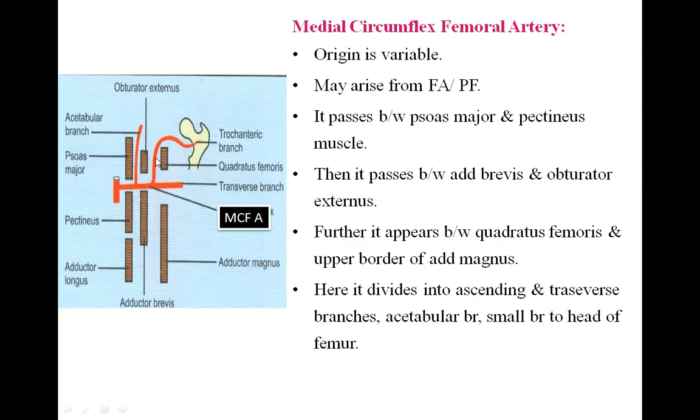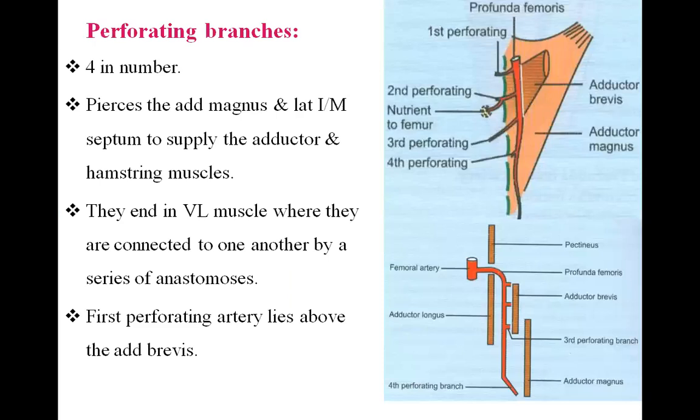So here is the ascending branch and here is the transverse branch. Then acetabular branches and the small branches to the head of the femur. So mainly the medial circumflex femoral artery supplies the head of the femur. So that is clinically very important.